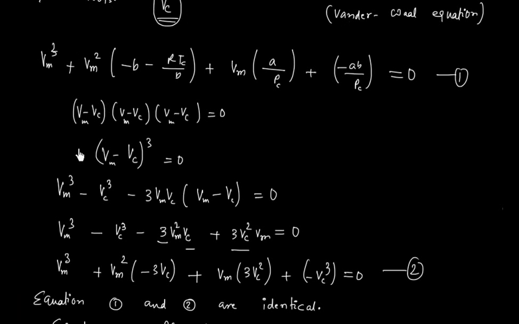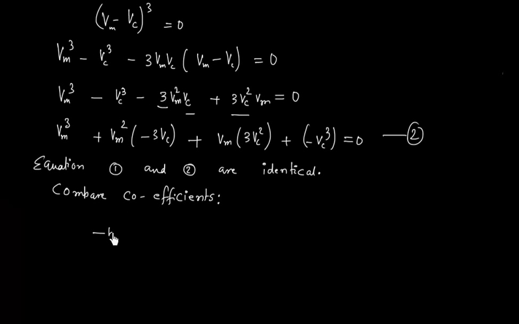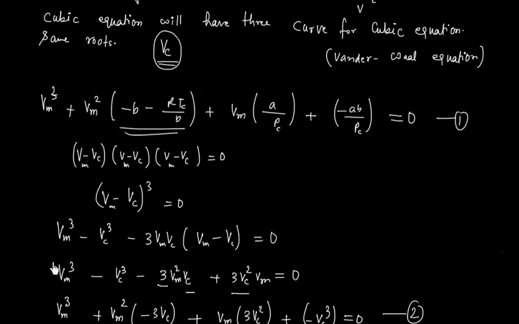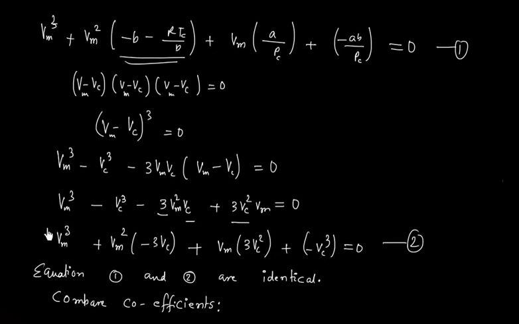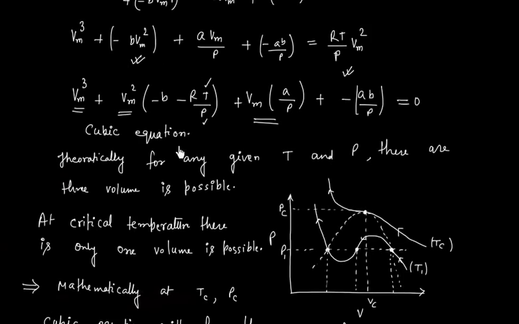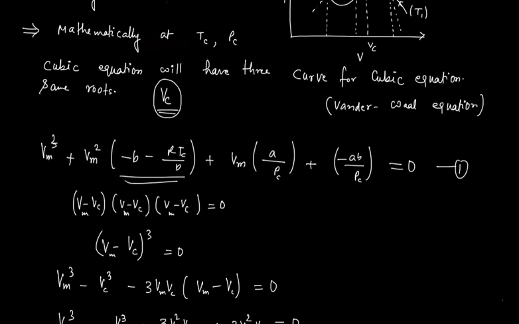So let us say coefficients of Vm square, that is minus B minus RTc by Pc. Let us check, this is RTc by P. This should be P, so this is not B. This becomes Pc.